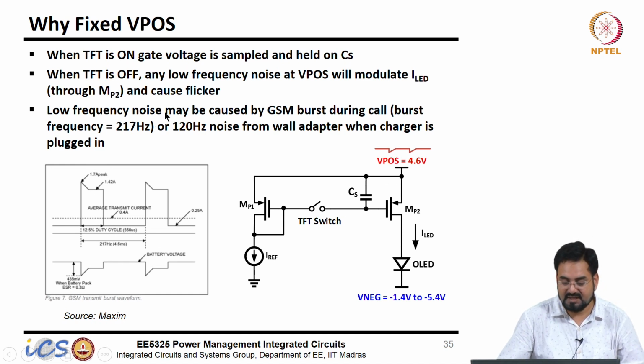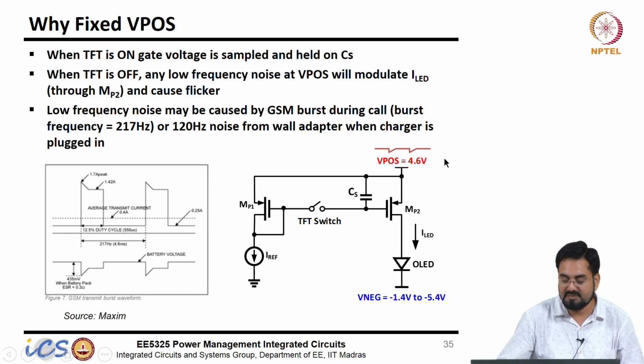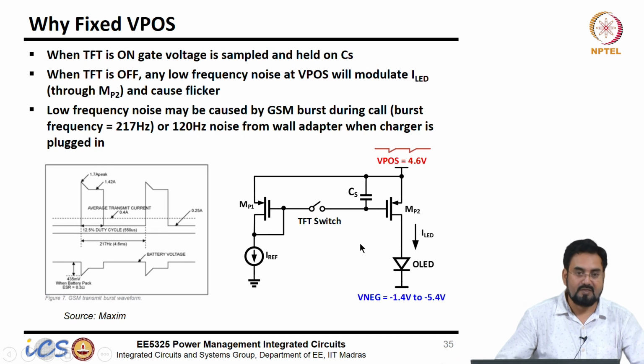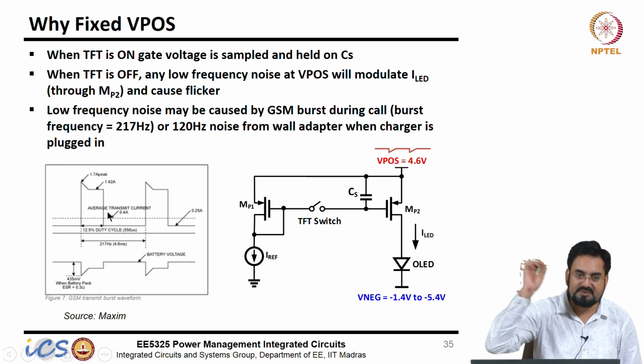This could happen at your GSM burst. So during a call your burst frequency is 217 hertz, or it may happen at 120 hertz coming from your wall adapter. This frequency may be coupled to this supply and may appear as a flicker to our eyes. GSM burst is basically when we make a call, your power amplifier transmits the signal.